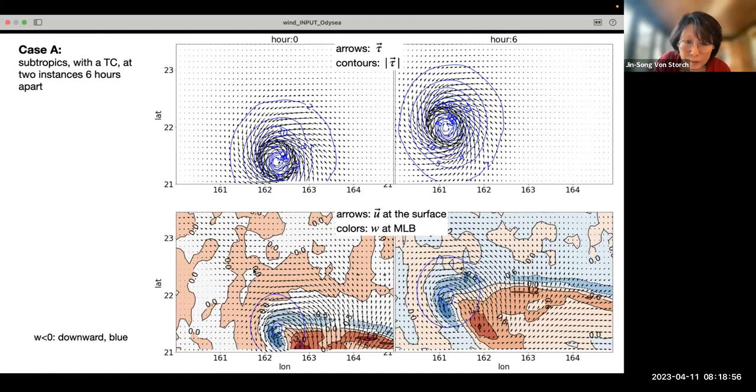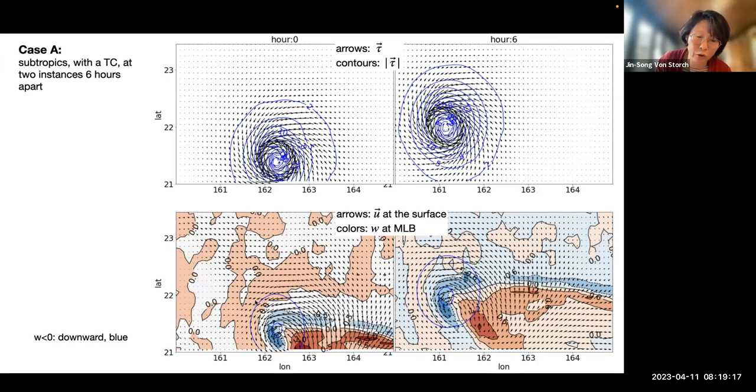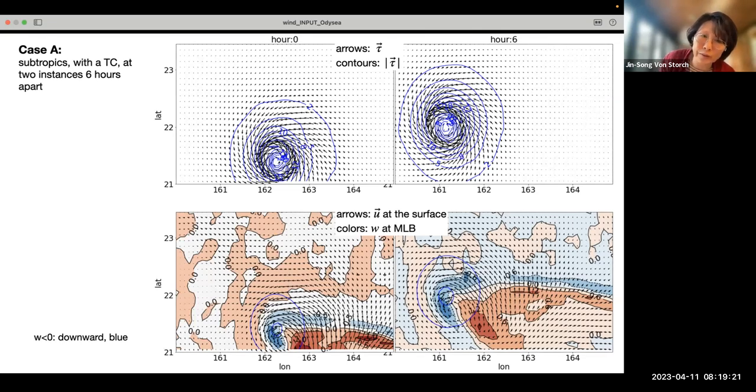And what happens in the ocean is shown below. What I'm showing here is the surface current as arrows, and in color the vertical velocity at the bottom of the mixed layer. To identify the core region of the tropical cyclone, I show the isolines of the wind stress we saw in the top panel.